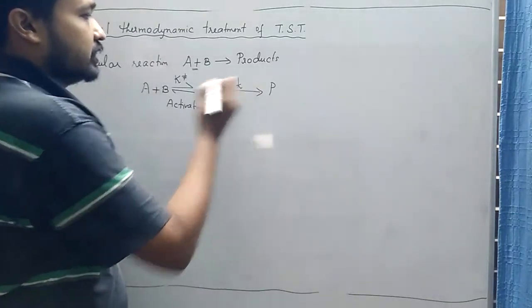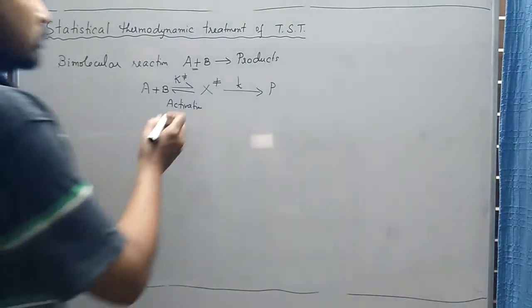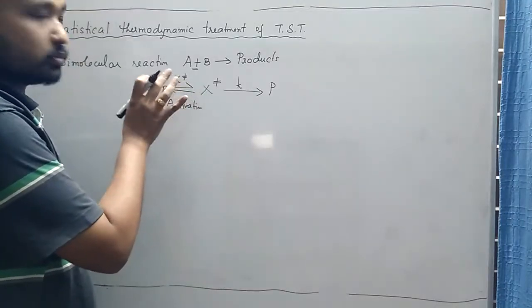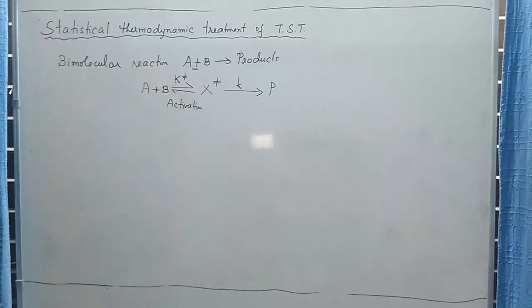Let us assign the rate constant for the overall reaction as K. Remember, this equilibrium is used only for calculating the concentration of the activated complex. Why is the concentration of the activated complex so important here?